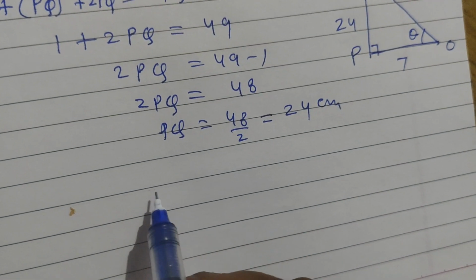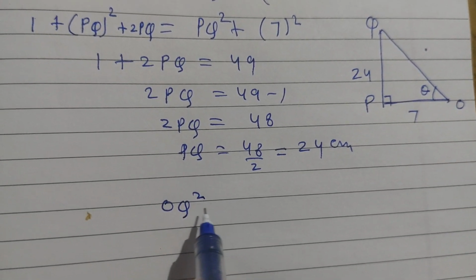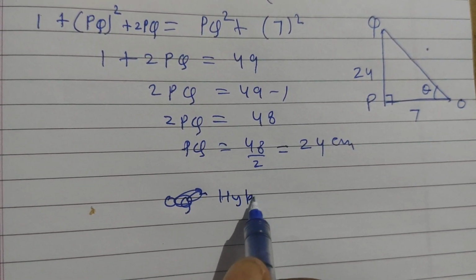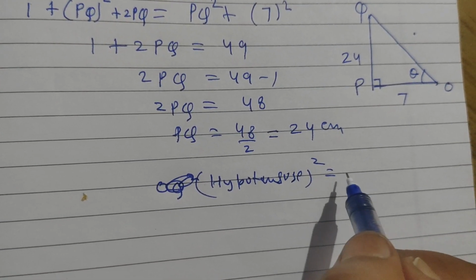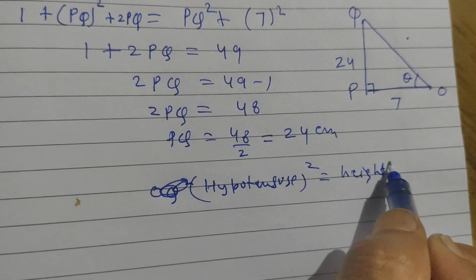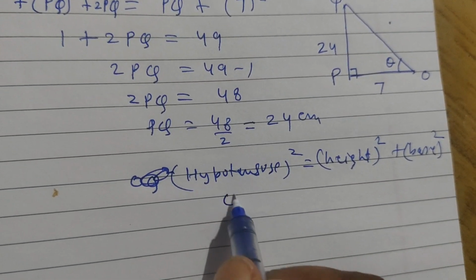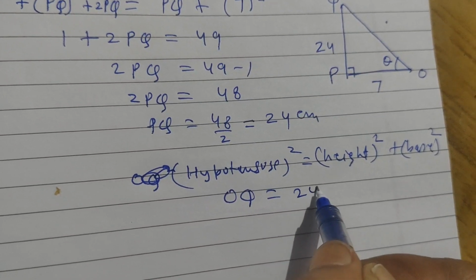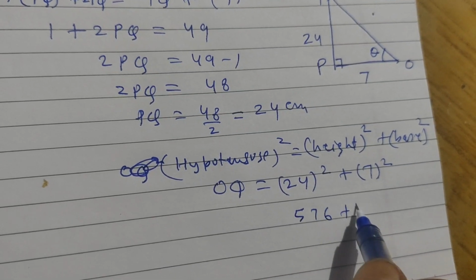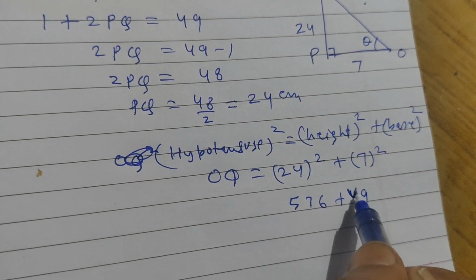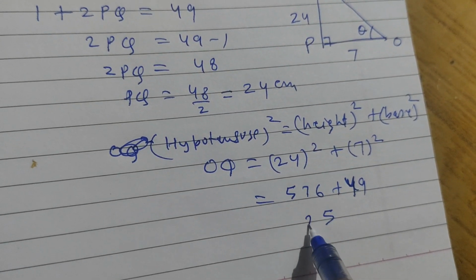So hypotenuse squared is equal to height squared plus base squared. So OQ squared is 24 squared plus 7 squared, which is 576 plus 49, 625.